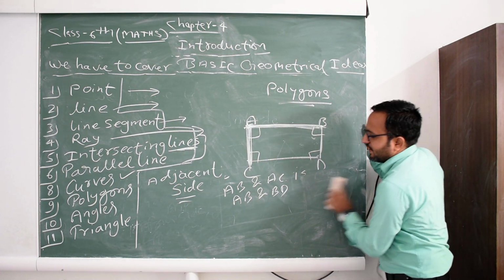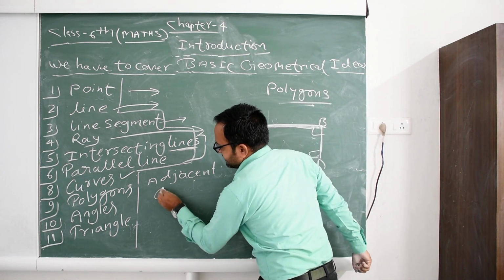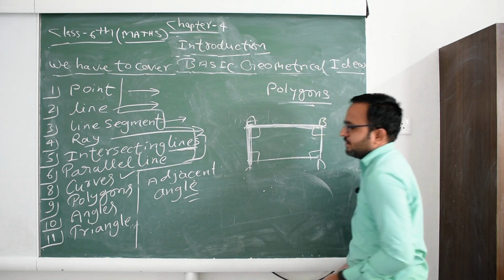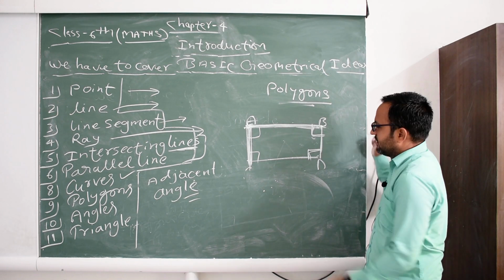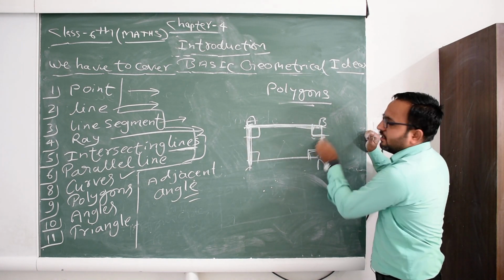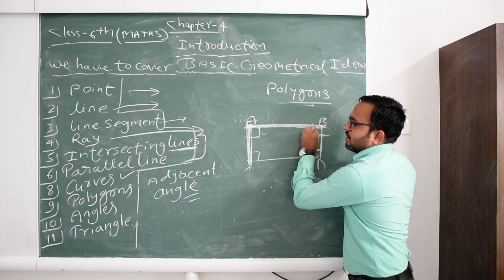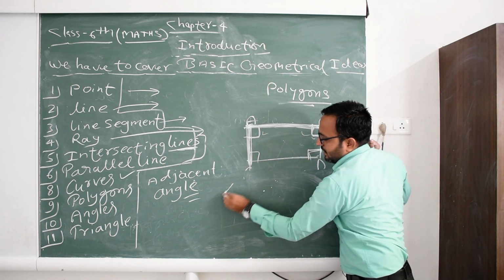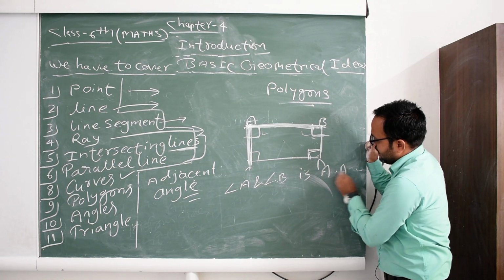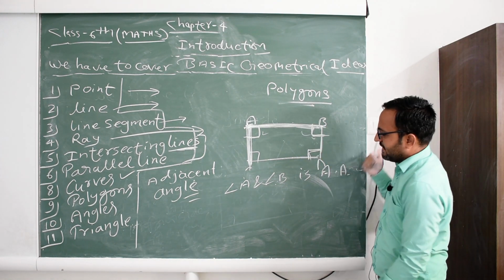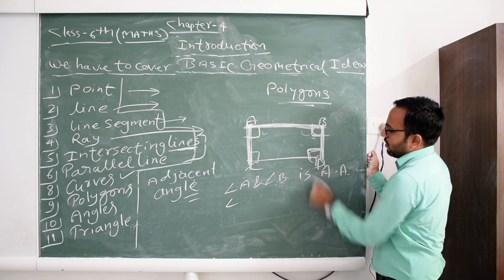So how to find adjacent angles? Adjacent angles means two angles. If two angles, like angle A and angle B, share a common side, then angle A and angle B are adjacent angles. Like angle B and angle D, they share a common side.